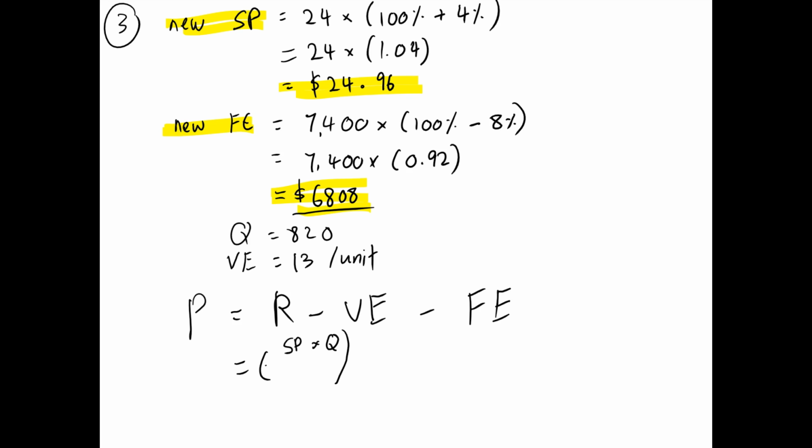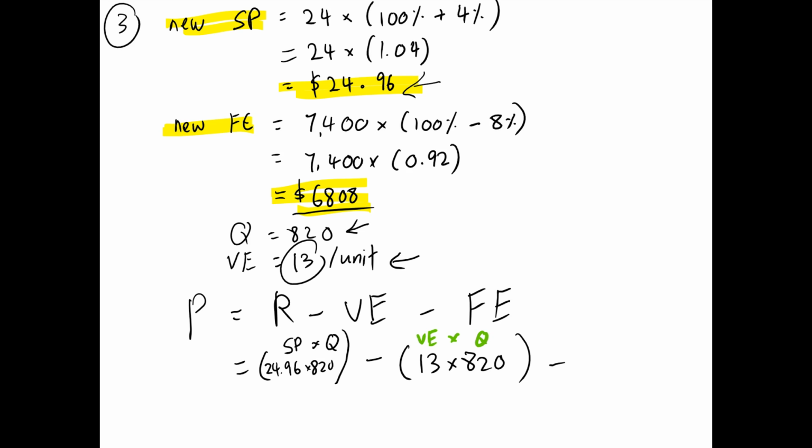Your new selling price is $24.96. Your quantity remains the same at 820. Then you have to minus off your variable expenses, which is $13 per unit times by 820. So this is your variable expense, this is your quantity, and then you need to minus your fixed expense. For fixed expense, you are going to use this new fixed expense, which is 6,808.